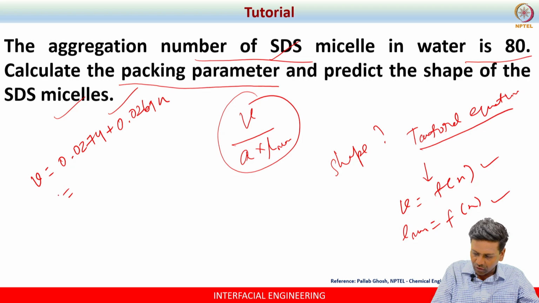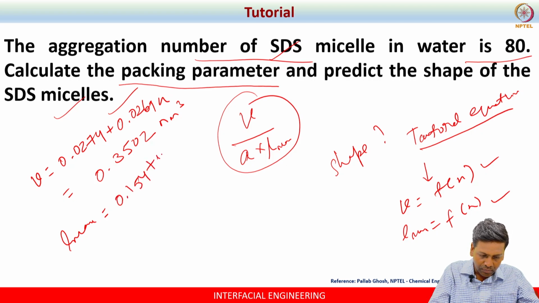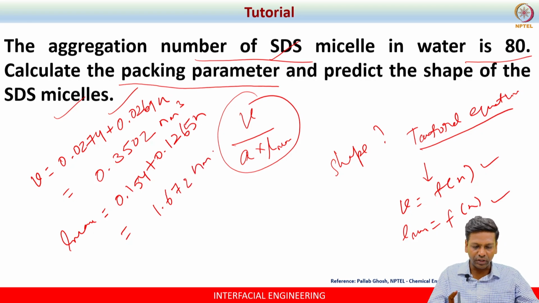When you calculate this, you would get 0.3502 nanometer cube, and L max is nothing but 0.154 plus 0.1265 n, right? So this is nothing but 1.672 nanometer. So these two values we know.